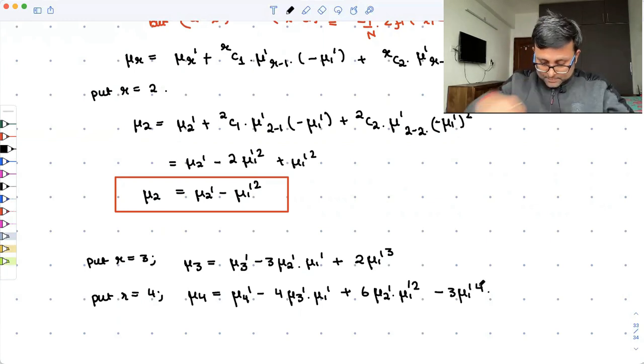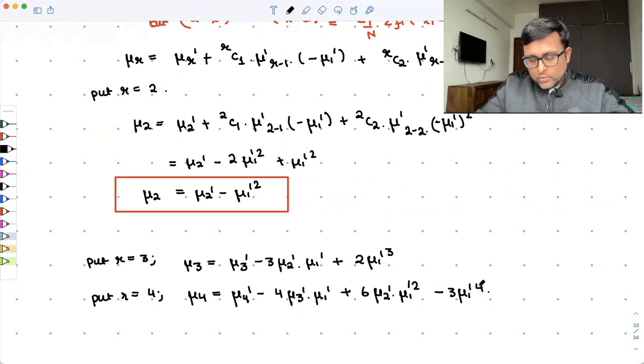You will have this, right? You should remember these formulas because there can be a question where you want to express these central moments in terms of moments around a certain point. We'll do questions based on this in the other class. Thank you, beta.